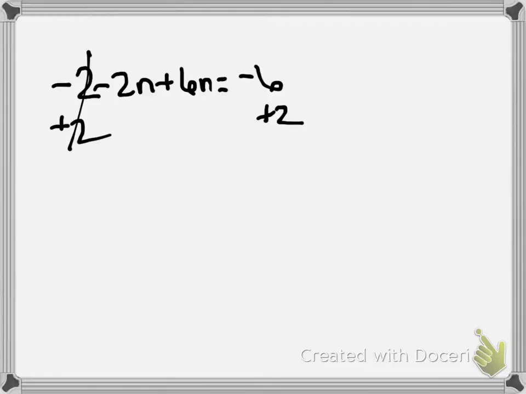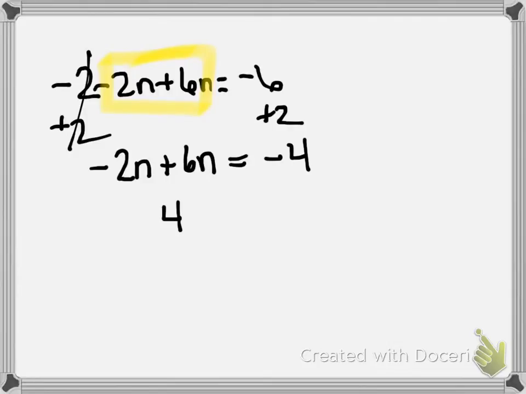The key in these multi-step equations is to do one thing at a time. So notice I'm rewriting everything on the left that I still have there. Negative 6 plus 2 is negative 4. Now, right here, negative 2n plus 6n is 4n, and I know that because I can combine like terms. Now there's a 4 in front of the n, and there's an imaginary multiplication happening right there.